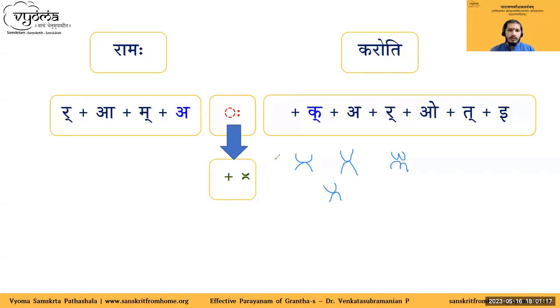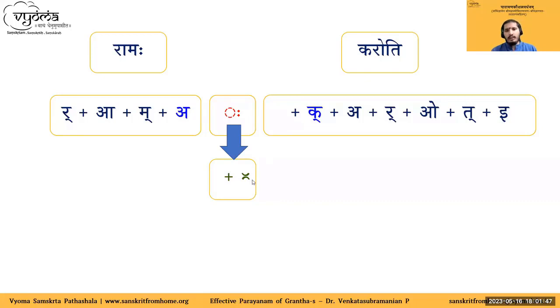There is no difference between these two symbols in few books. We can take that also, but for now we'll take this as Jihvamuliya and the W and the reverse W symbol as Upadhvaniya to differentiate between the two.